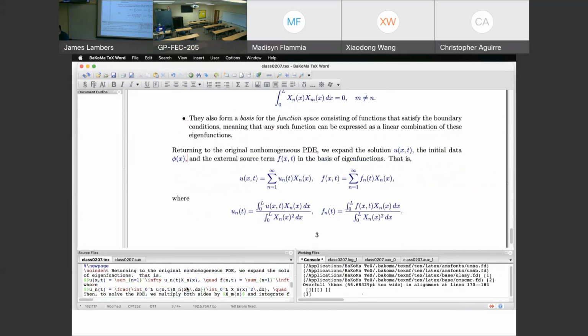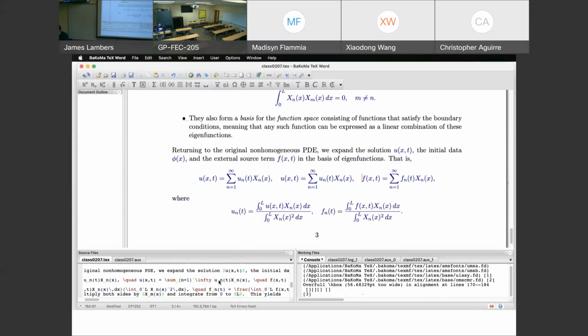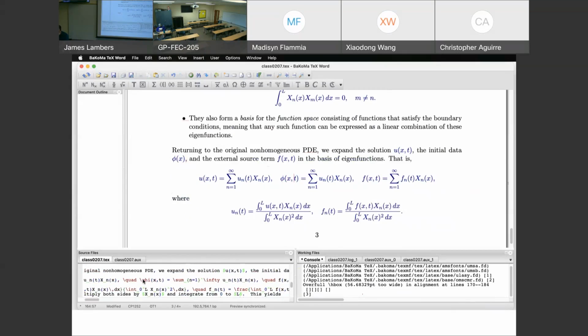Okay, so now I'm going to have a sum much like this one. Okay, so 5x is a function of only x, so there's no dependence on t here.